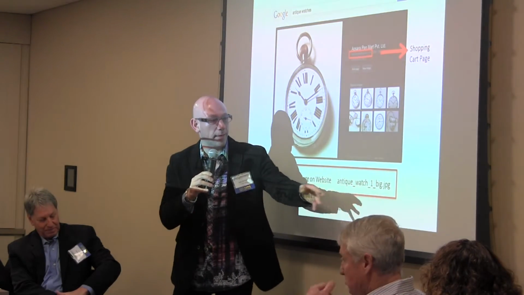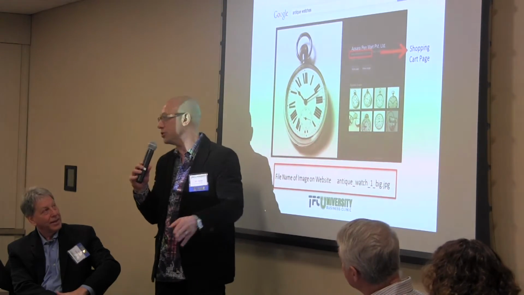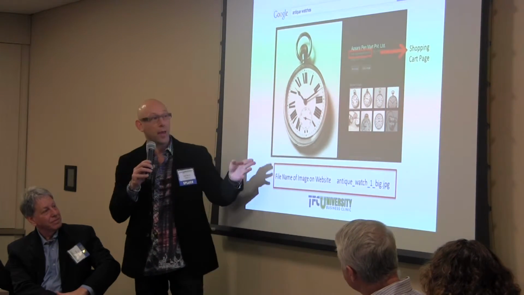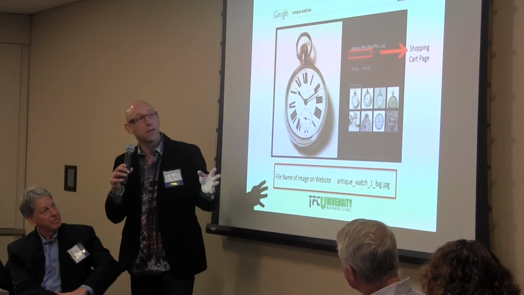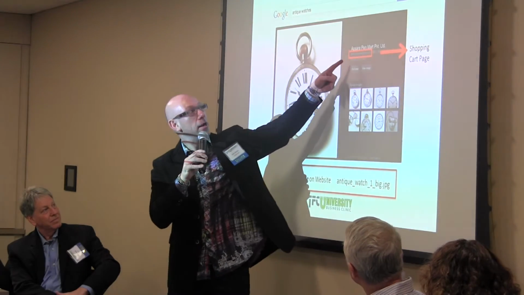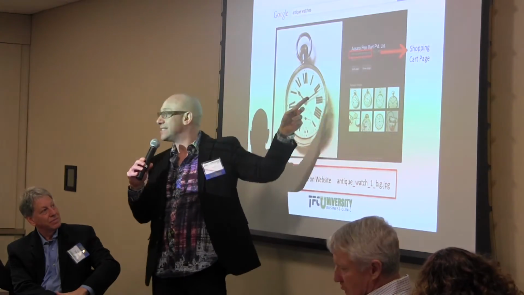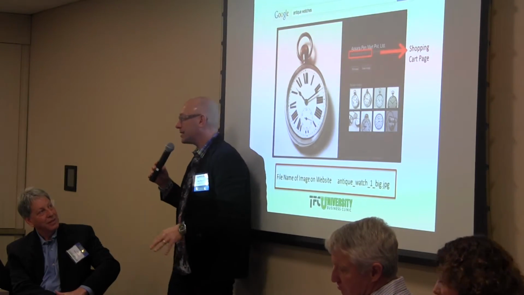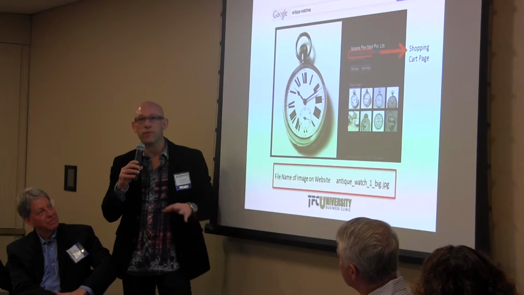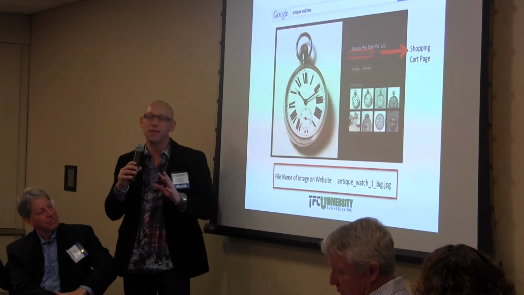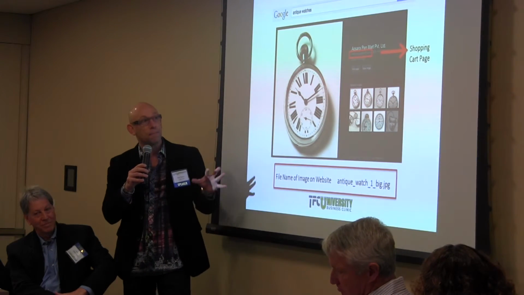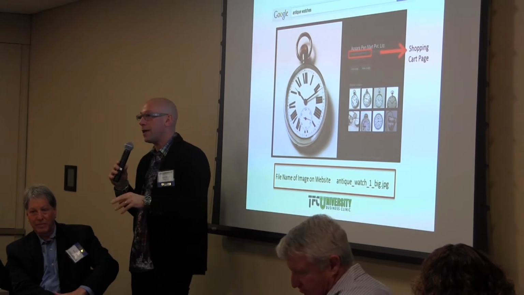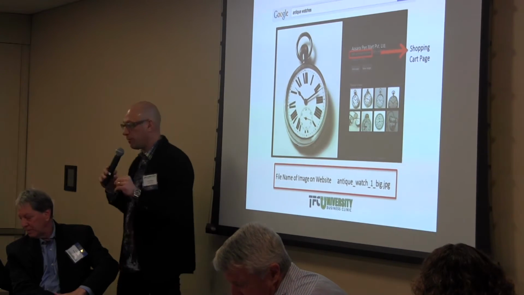Who cares about the one_big.jpg, but antique_watch.jpg is coming up, and what's great about Google Images is that right here is the URL for the website that is selling this watch. If you're not really a B2B play and you're selling products, it's really important that you name your images properly.